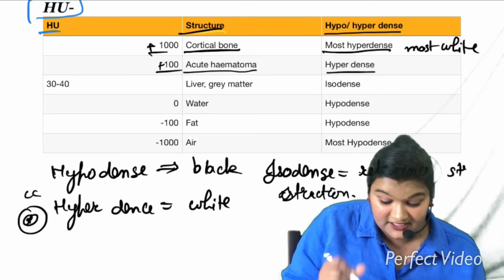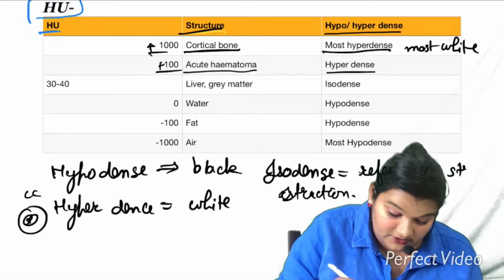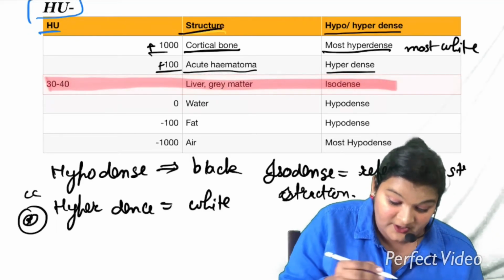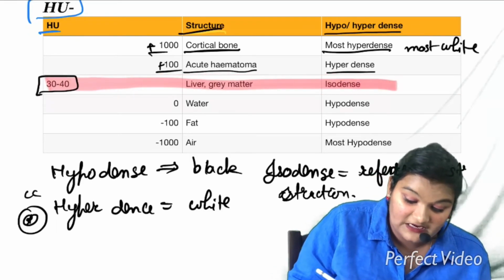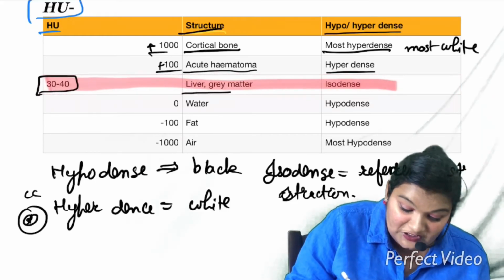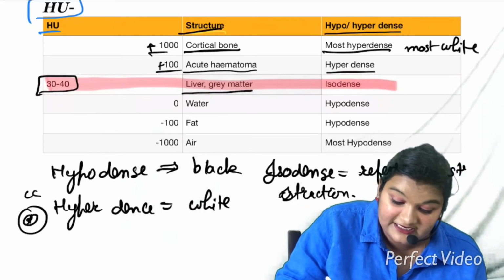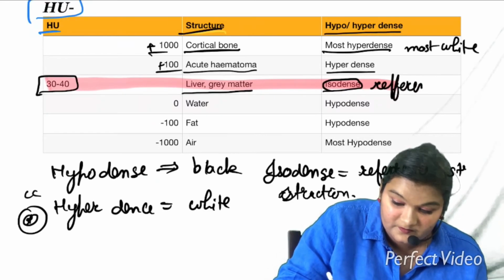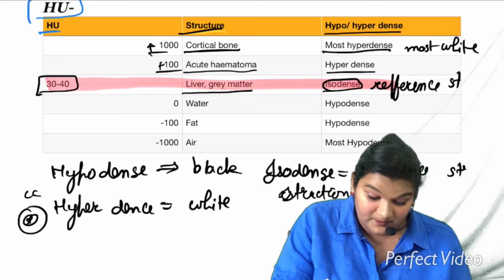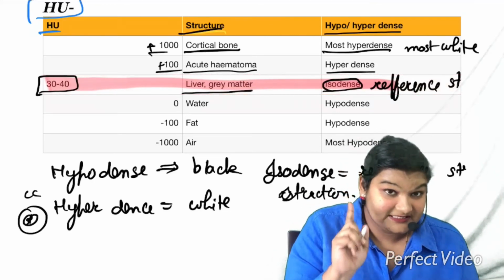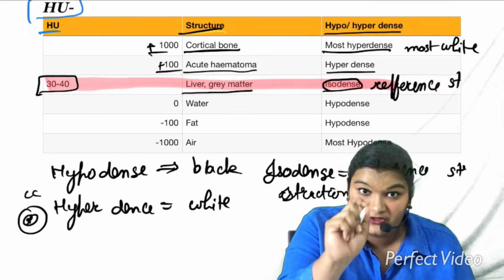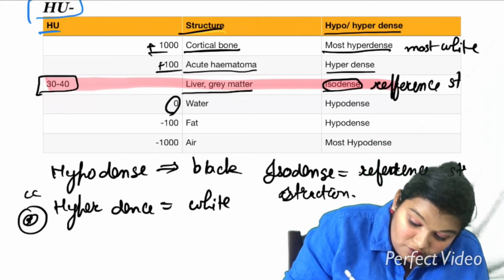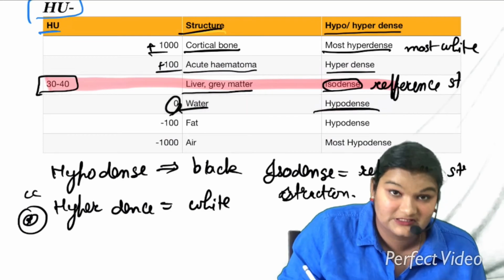Then the important point I am going to highlight here, this section, because it is an isodense structure. So plus 30 to plus 40 is the value exhibited by the liver or the grey matter, and you are going to take it as isodense, that is the reference structure, right? Observe that its Hounsfield unit value is not 0. The Hounsfield unit value 0 is shown by water and it is a hypodense structure.